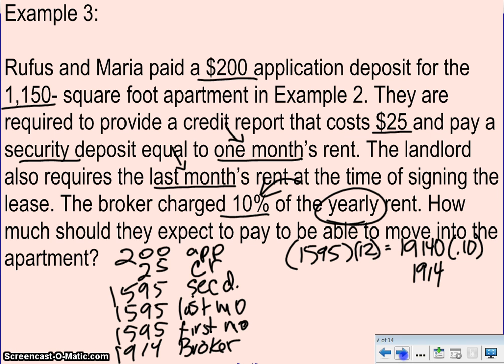Now, once I add all of these values together, let's go ahead and grab that calculator. I've got 200 plus 25. I've got $1,595 3 times and the $1,914. And I find that my total due at lease signing is $6,924.